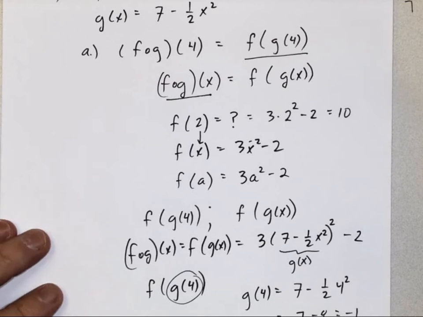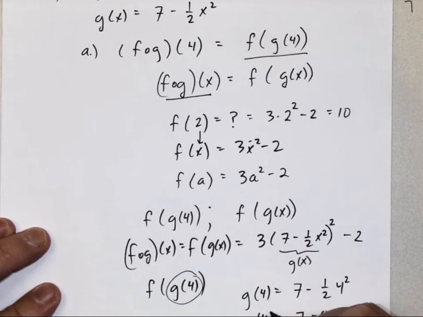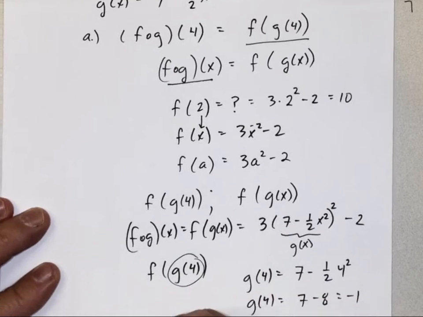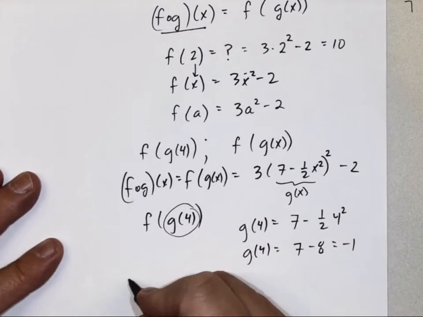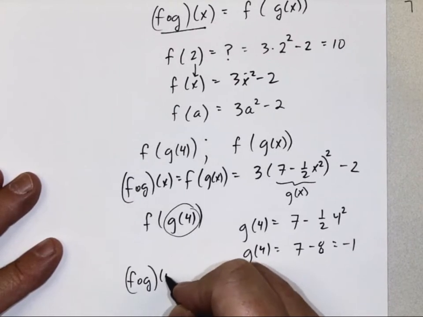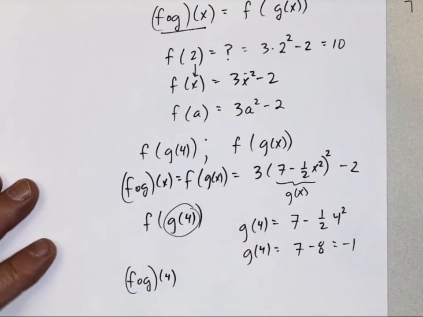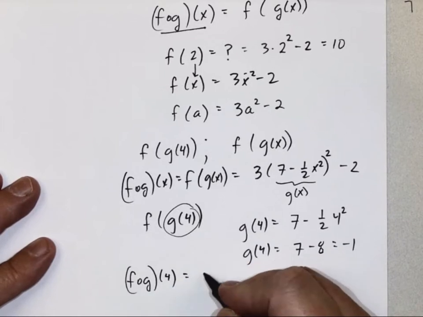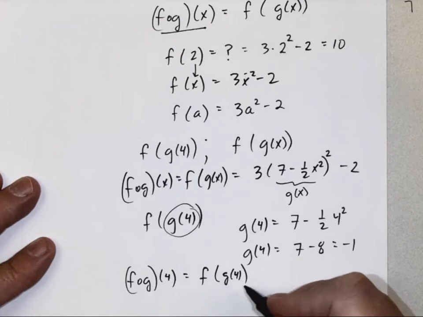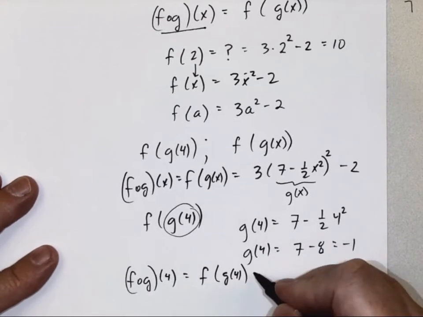So g of 4 equals minus 1. So therefore I can say, back at the beginning, f composite g of 4, which I rewrite as all functions, f of g of 4.